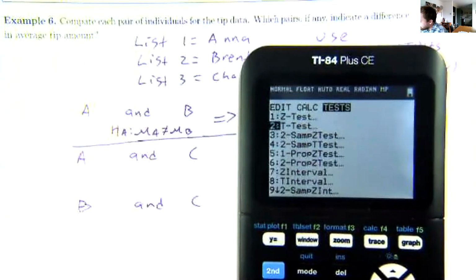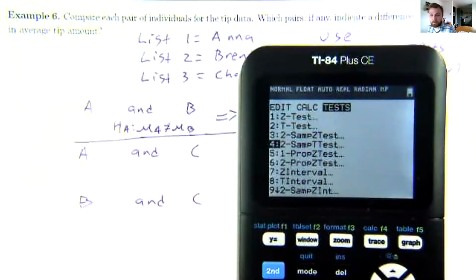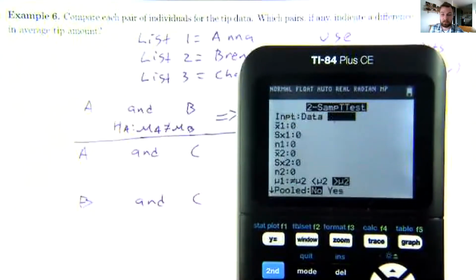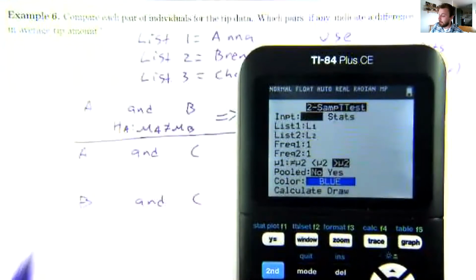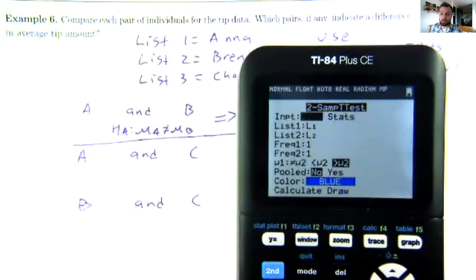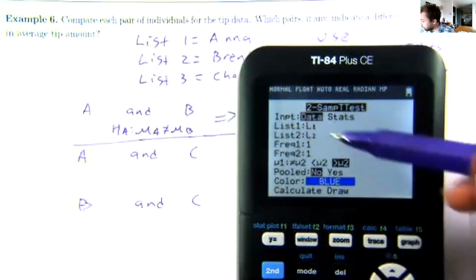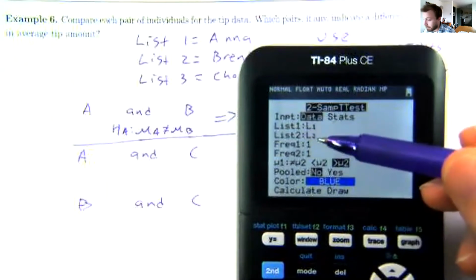And I'm choosing a 2 sample t-test, because I'm looking at 2 samples. It asks if I have stats or data. I actually have the data. Remember, I have all of this typed into list 1, list 2, and list 3 already. I'm going to compare Anna and Brent, so I'm comparing L1 and L2.